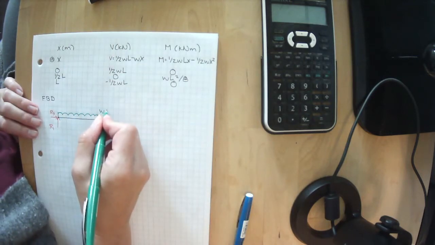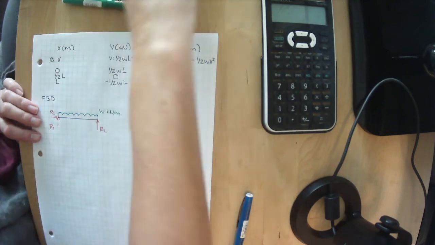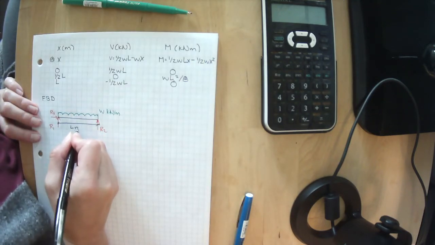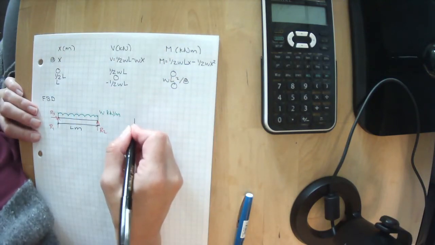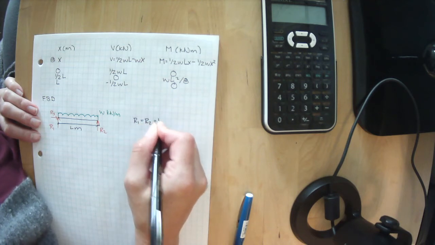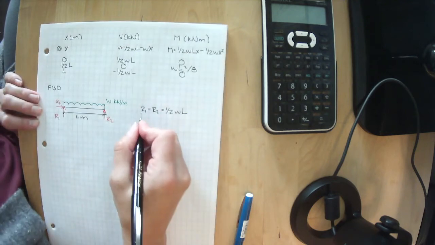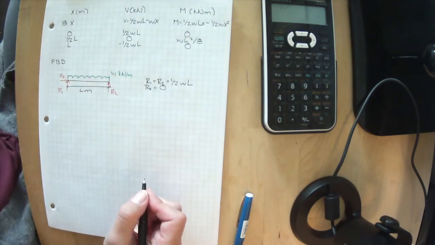This is W in kilonewtons per meter. This is L in meters. We solved for this and we got that R1 equals R2 equals 1/2 WL, and that Rx equals 0. So we've solved for this.